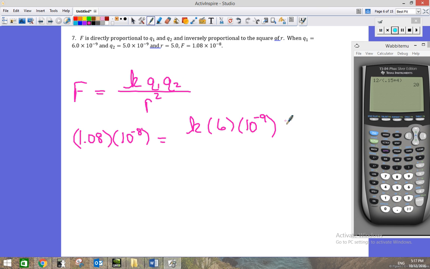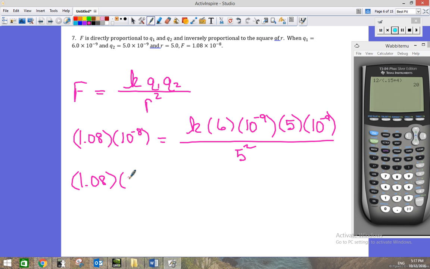This Q2, 5 times 10 raised to the negative 9th power, all divided by r squared, and that's 5 squared, which is 25. So on the left, I'm not going to do anything with that right now, because this is enough information to figure out what k is.